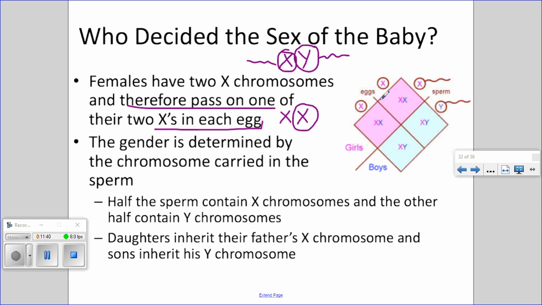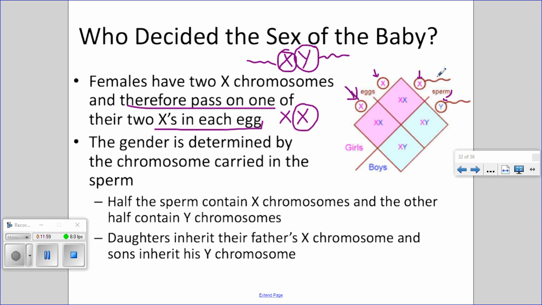So the possible combinations are depicted here in terms of the sex chromosomes contained within sperm cells. So you have one sperm cell with an X, one sperm cell with a Y. The egg cells will always contain an X chromosome since they're from mom.